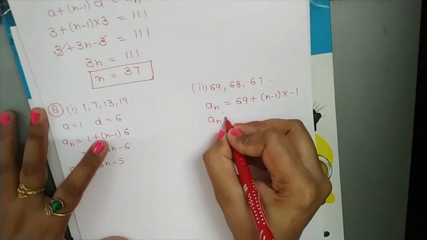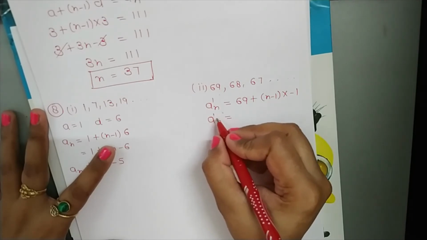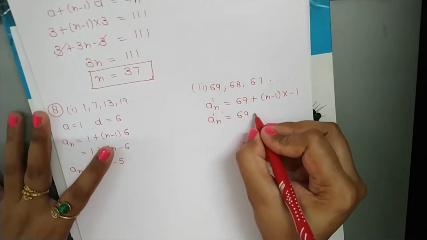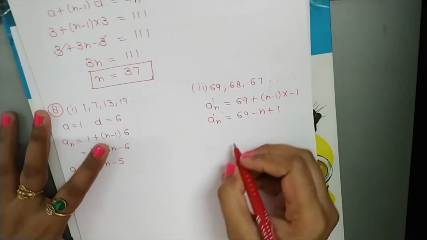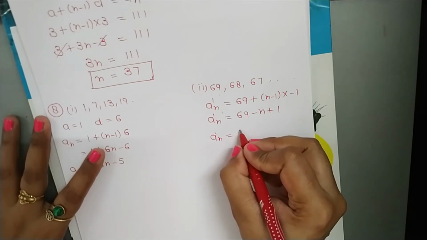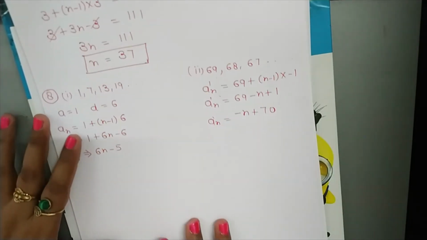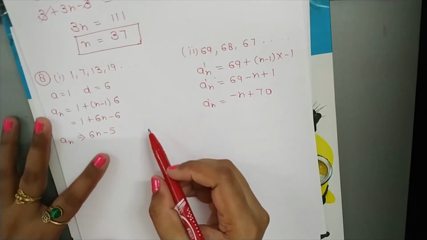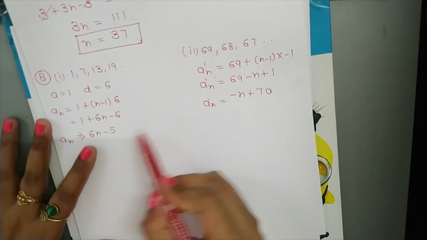So an is 69 minus n plus 1, which is minus n plus 70.